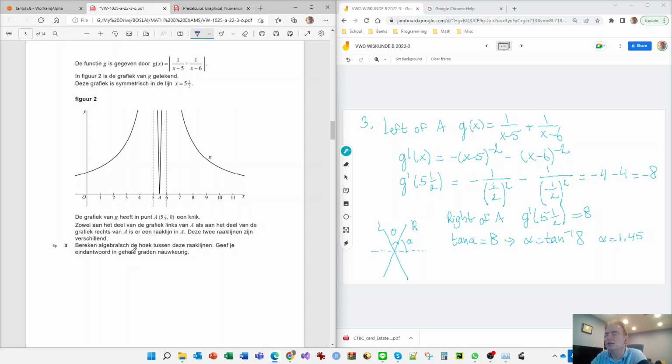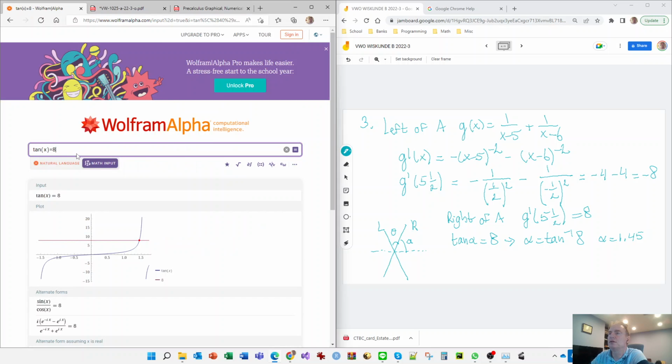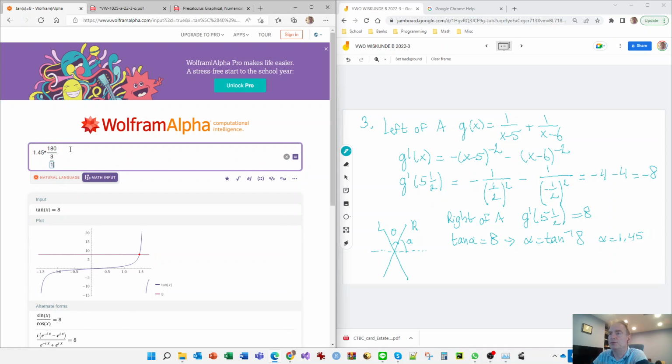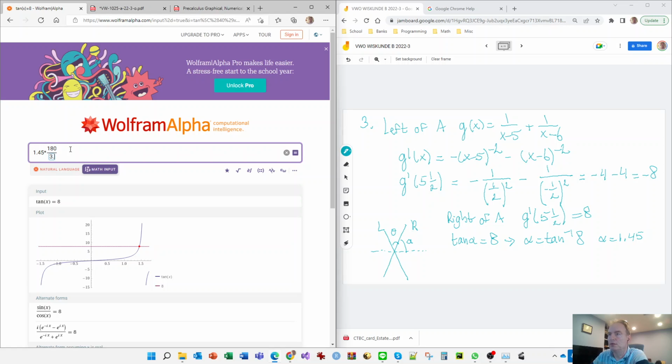Provide your answer in gehele graden, meaning degrees, as a whole number. So we convert this into degrees: times 180 divided by 3.14.